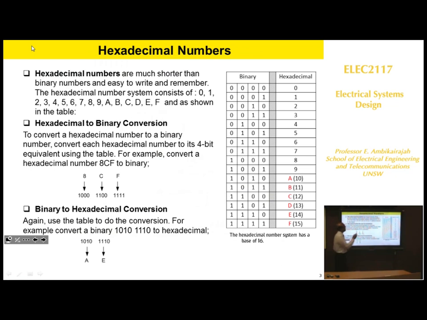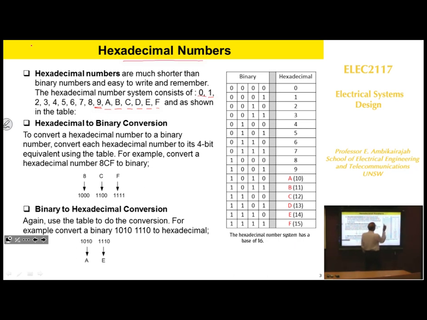Next one is the hexadecimal notation, or hexadecimal numbers. Hexadecimal numbers start from 0, 1 up to 9, like decimal, and then you have A, B, C, D, E, F. Altogether there will be 16 values, but 15 will be the last one.